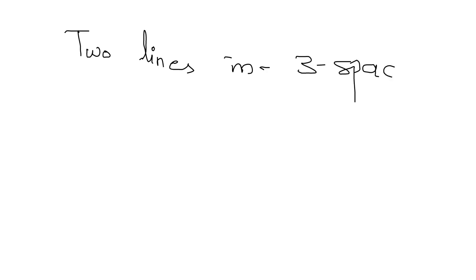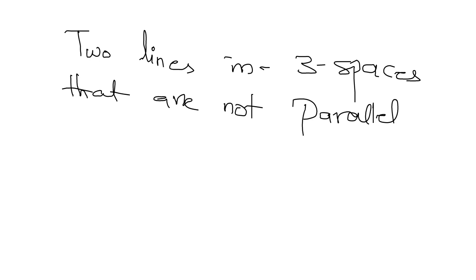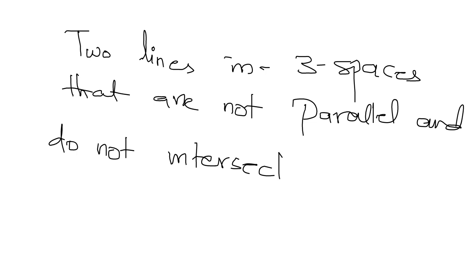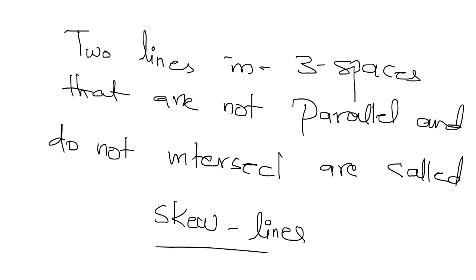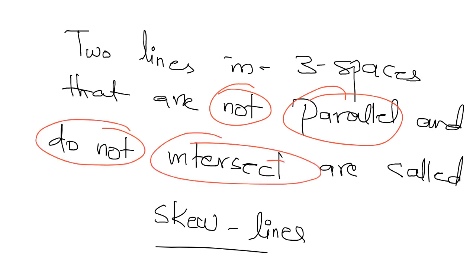So there is a statement that two lines in three-dimensional space that are not parallel and do not intersect are called skew lines.